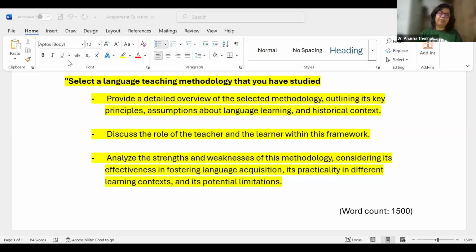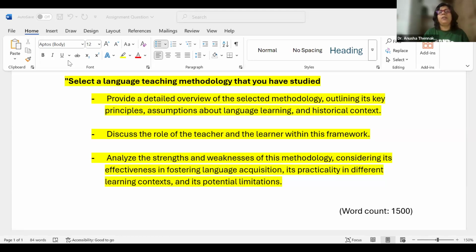Under communicative language teaching, language is learned to interact and communicate. That is the purpose. And for historical context, you can pay attention to the history. You can refer to certain websites. You can depend on the slides given by me, but at the same time you can also Google them.